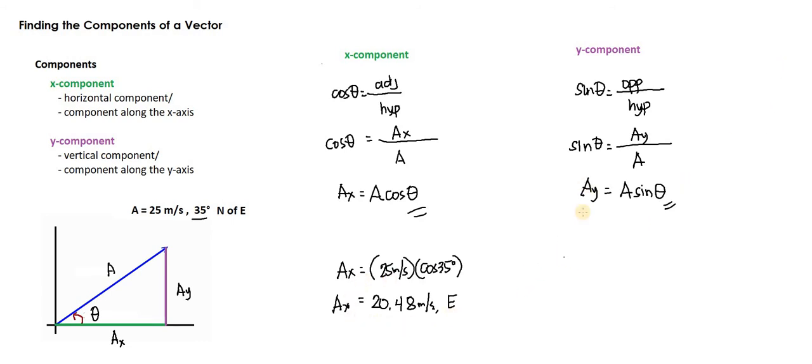Okay, so for our A sub y, we have A sub y is equal to our A, which is 25 meter per second, multiplied by sine of 35 degrees. Okay, input sa calculator, that will be equal to 14.34, I mean not degrees but meter per second.